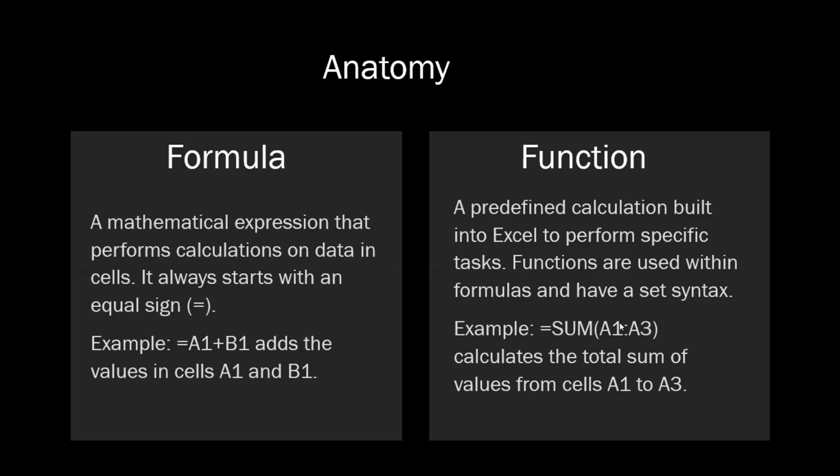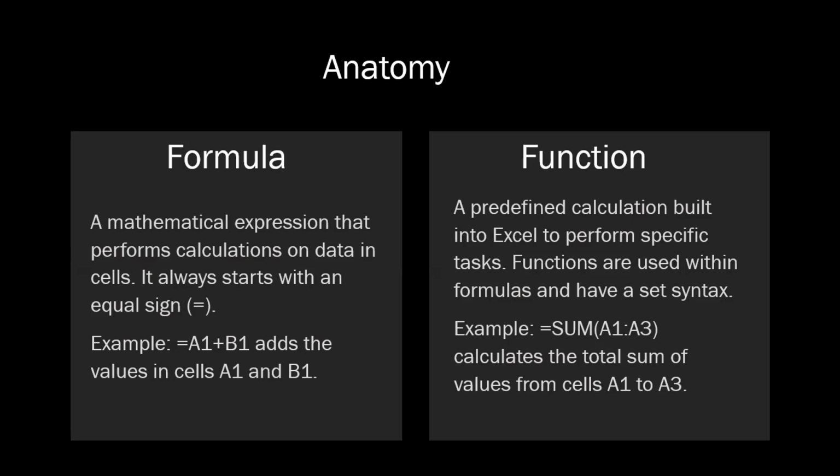From A to B is a range of values. From A to C is a range of values. So these 2 things will actually give you the same thing. It will add up the value in A and the value in B, while this SUM will add up the value in A1 through the value in A3.